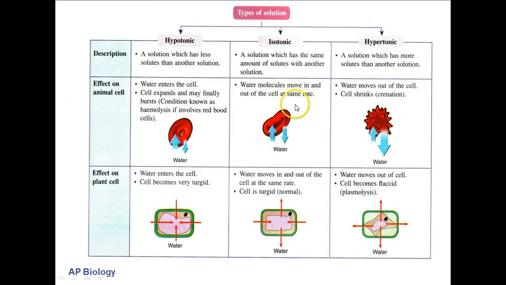It's not that it doesn't move. All right, it moves in and out at the same rate. Remember, water is free to move in and out of the cell whenever it wants to. Now, in plants, same thing. So this is normal turgidity for plants, when water moves in and out of the cell because the cells are in an isotonic solution. Okay.